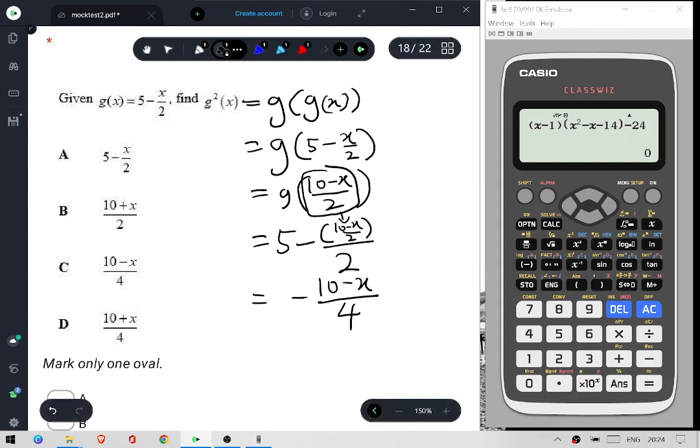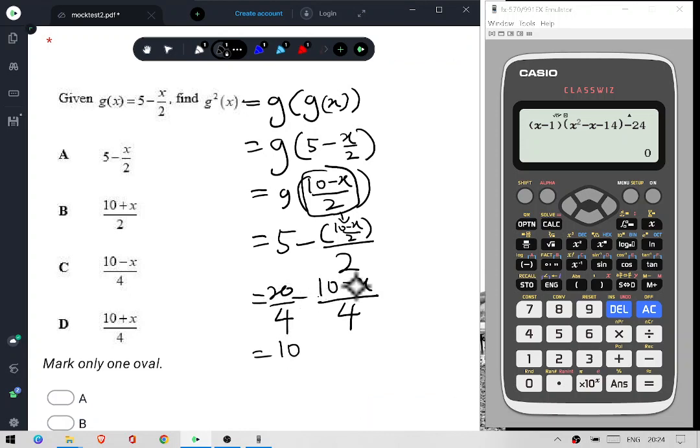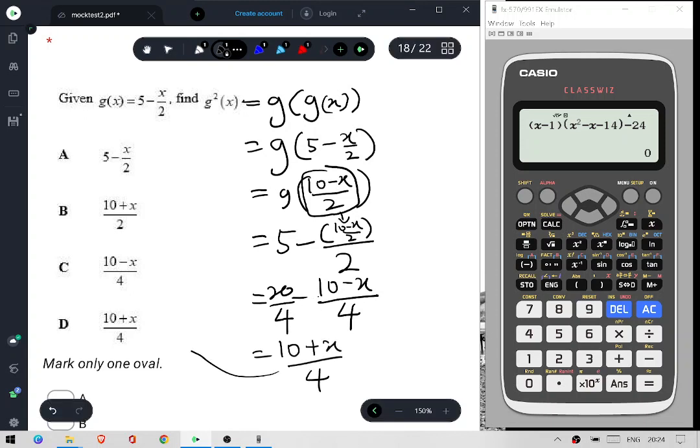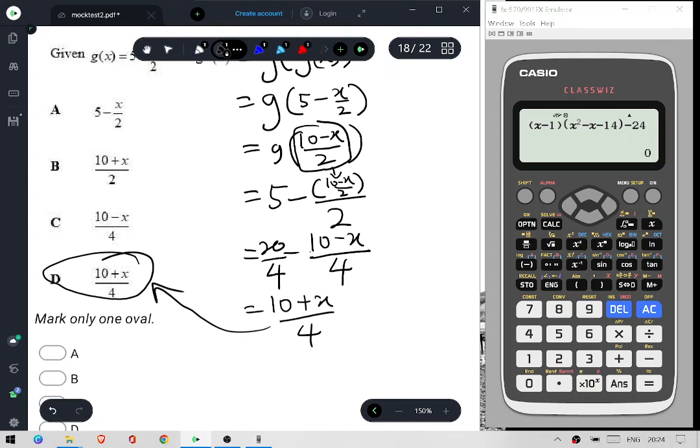So 5 we change to 20 over 4, initially 5 over 1. Multiply by 4, we get 20 over 4. So we simplify everything. We get 20 minus 10 is 10, and minus times minus x gives plus x, over 4. So this is the answer. Some of you might have made a mistake by choosing C.